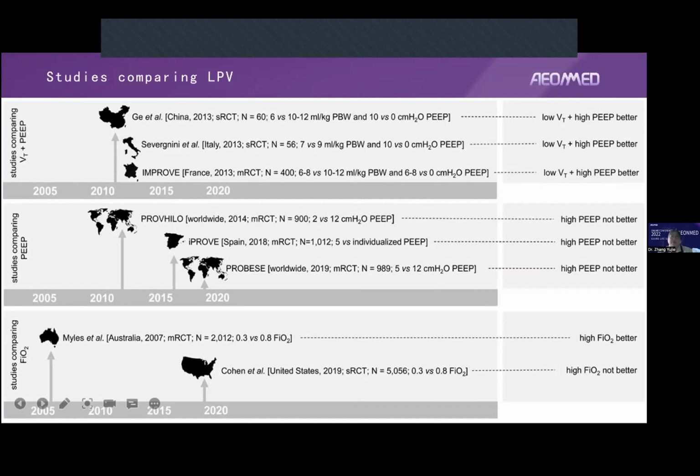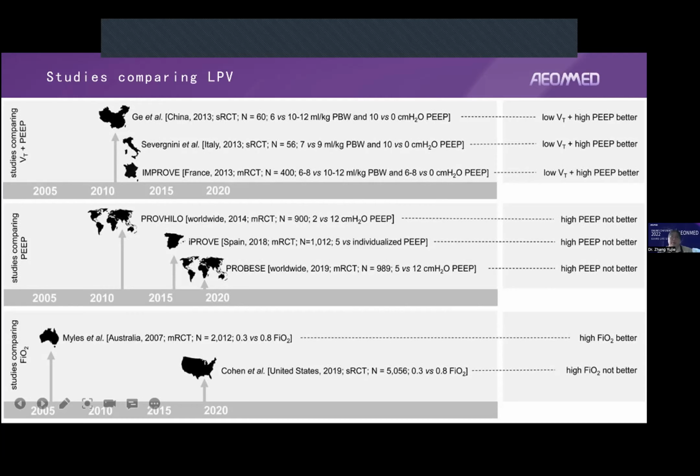This picture shows the major studies about LPV in recent years. All these researchers, on the first column about the tidal volume and the PEEP, agreed that low tidal volume with PEEP is better than no PEEP. On the second column, low PEEP, which means less than 5 centimeters of water column, is better than high PEEP, which is above 10.